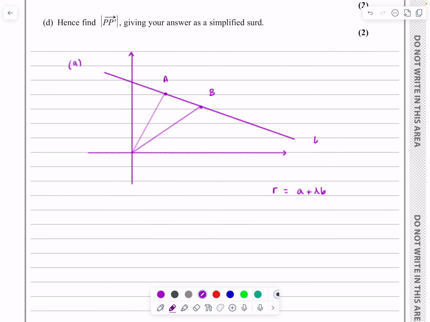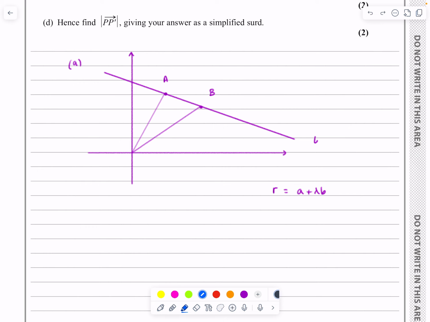There's lots of different ways of writing it, but if I say a plus lambda b, a is getting onto the line itself, so I could use that vector there, or that vector there, but a vector to get onto the line, and then b is going up and down the line.